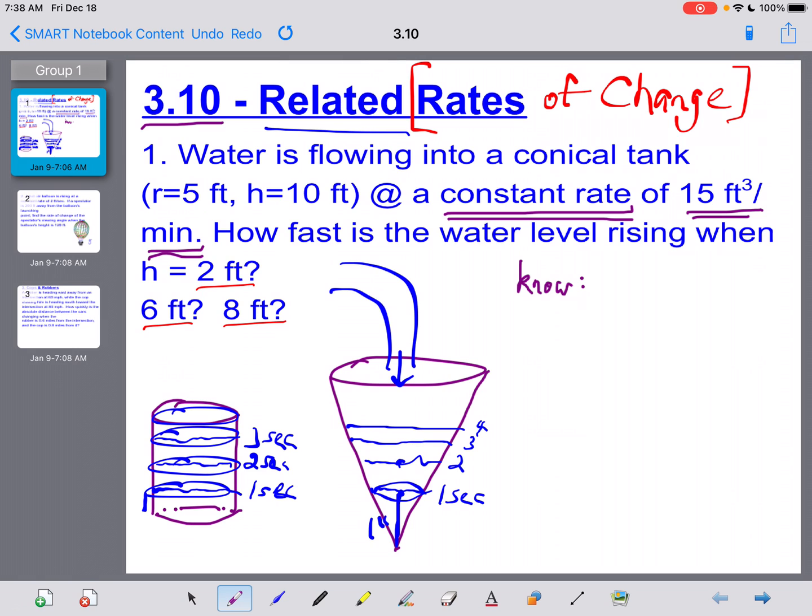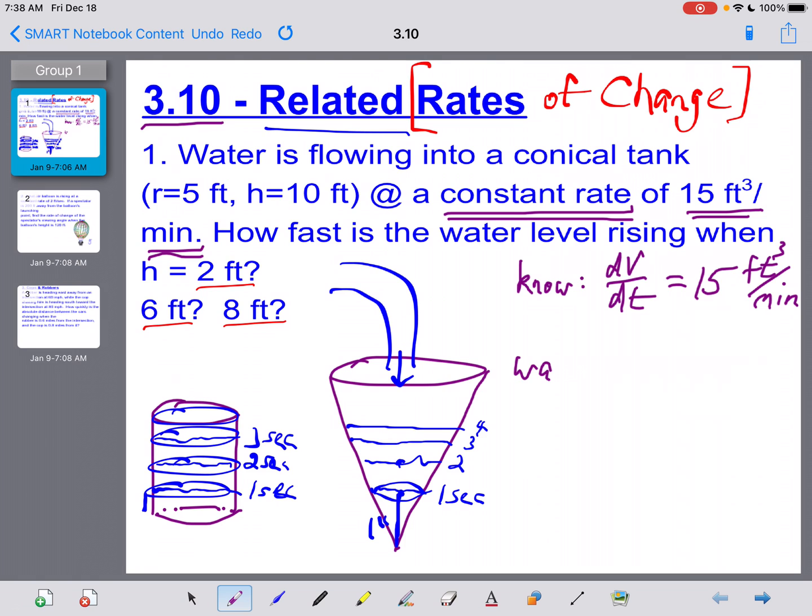Minutes is a measurement of time. So we were given the derivative of volume with respect to time, dV/dt, as 15 cubic feet per minute. The units, everybody, are going to tell you what derivative you know. Cubic feet per minute is a measure of volume over time. So that's why we know dV/dt.